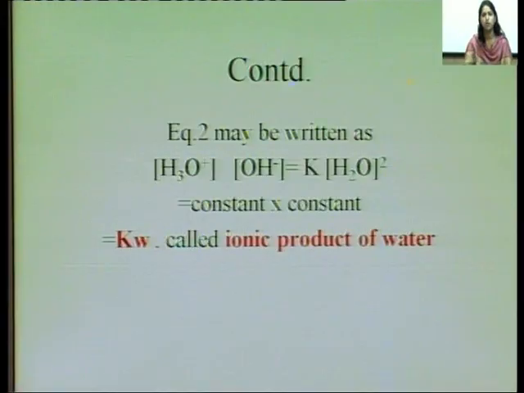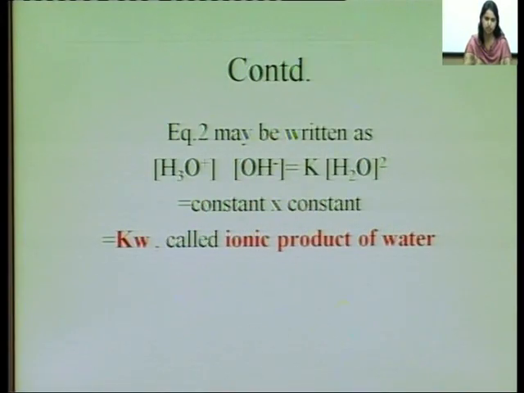So, equation 2 may be written as the molar concentration of hydronium ion, these brackets meaning molar concentration, and OH negative ion is equal to a constant into H2O whole square. H2O whole square is also constant, because water ionizes to a small extent and the concentration of unionized water is constant. So, this is constant into constant, and we get another constant, that is equal to Kw. This is called the ionic product of water.